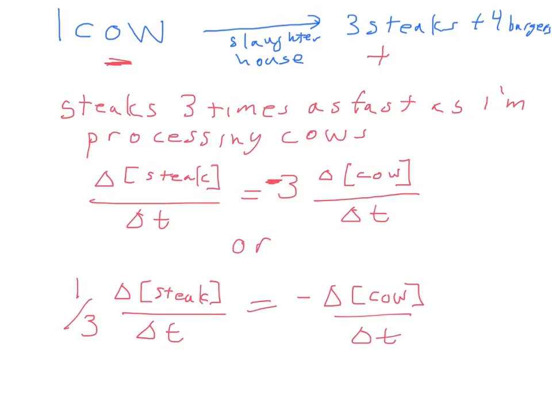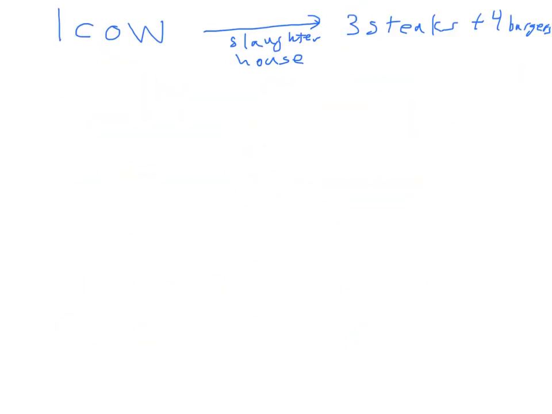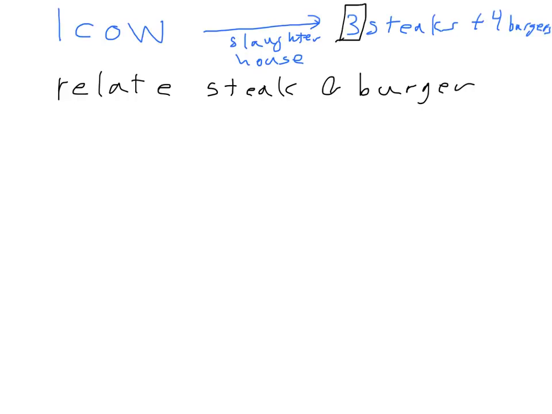Your book recommends that your default mode for relationships is to take the inverse of the coefficient and multiply it by that change. In other words, if I want to relate the production of steak and the production of burgers, without thinking about it, I can say my coefficient for steaks is 3.